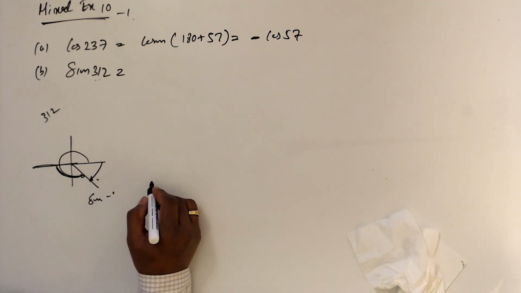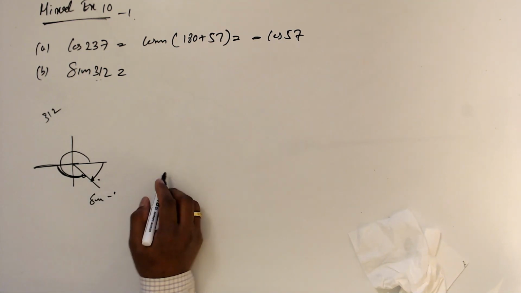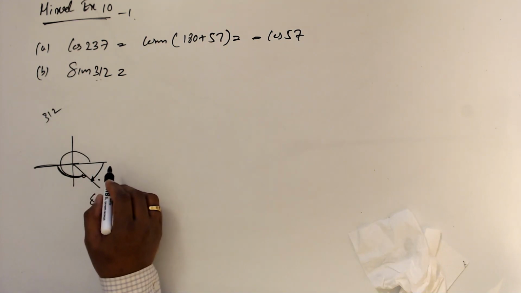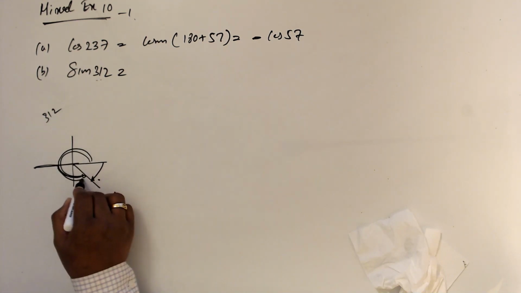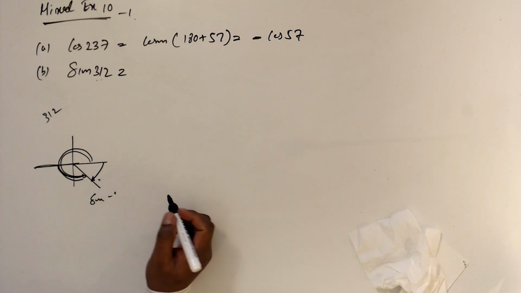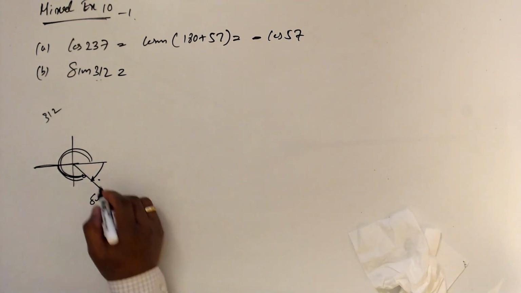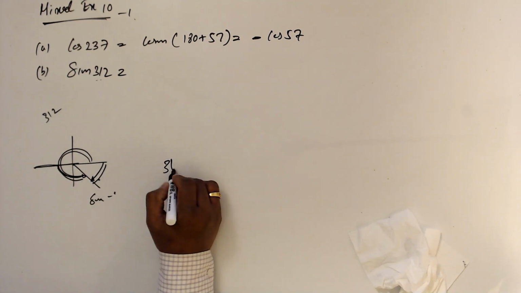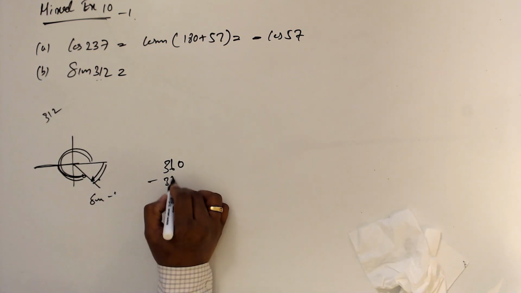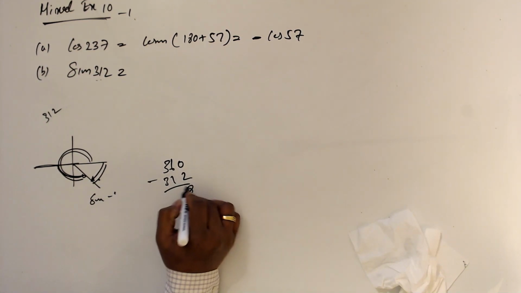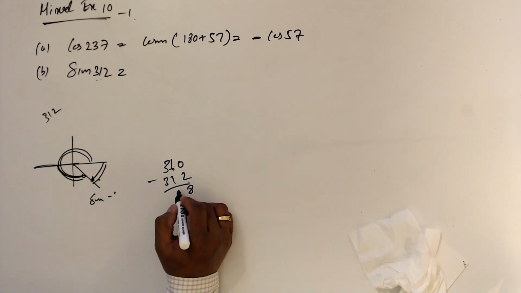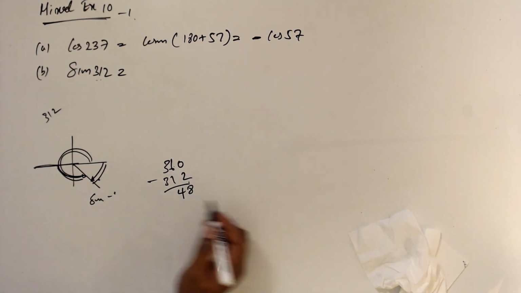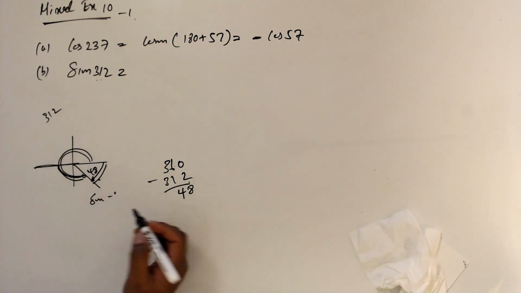So first of all I'll find this angle, 360 minus 312. This is going to be 48.